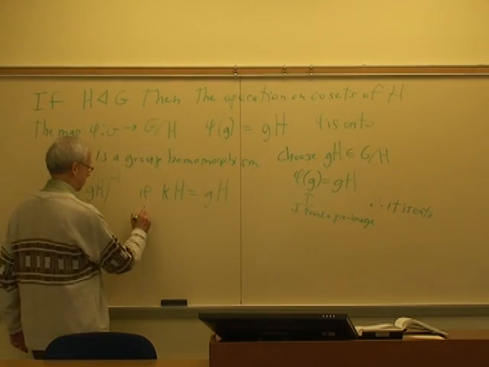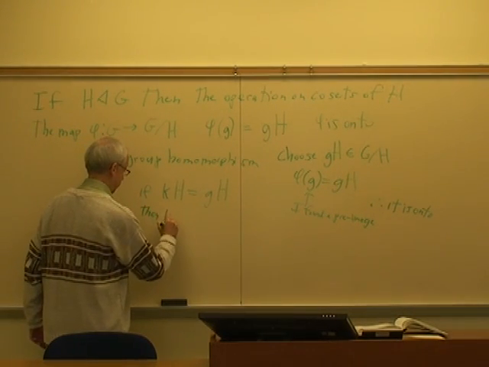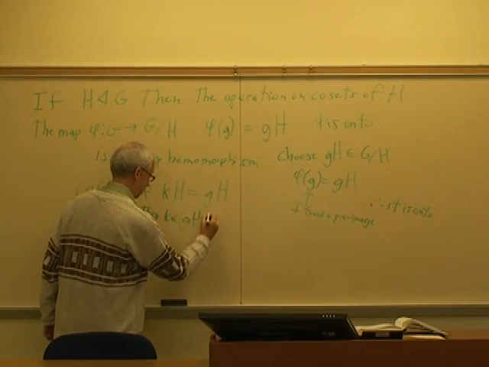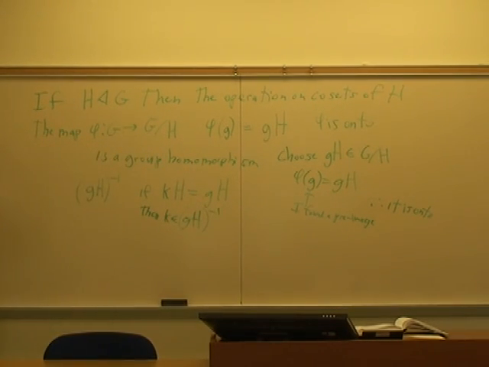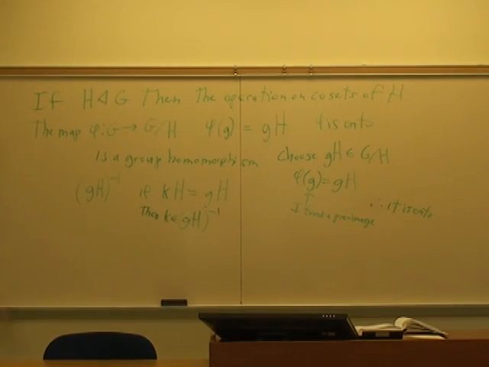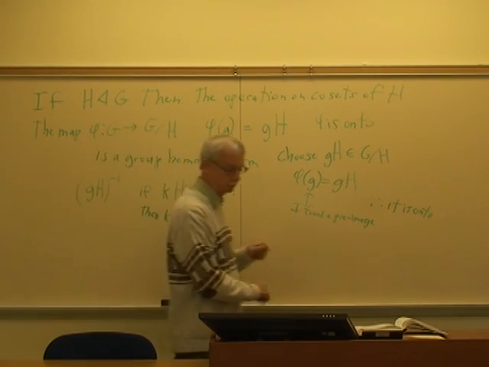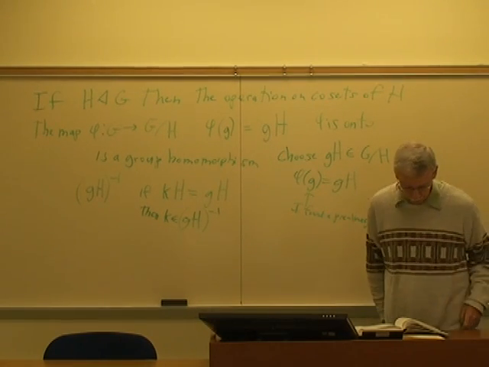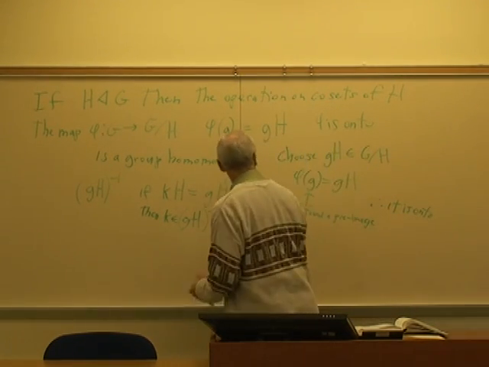And k is also, because k gets sent the same place because k makes the same coset. So this is a big set. In fact, the size of this set is the size of H. There's lots of things that get sent there. Okay, so that's a big thing. That's part of our theorem.